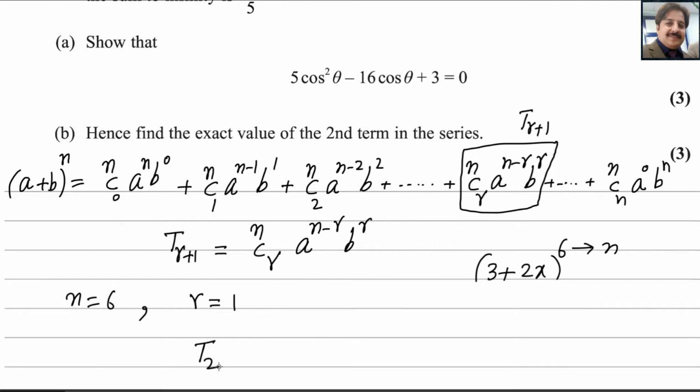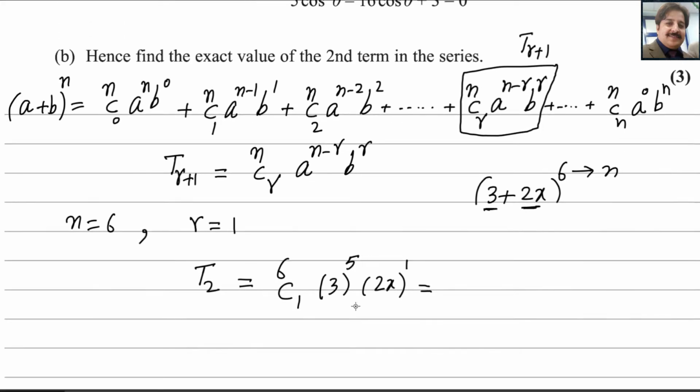Therefore the second term will be 6C1, and a is 3 and b is 2x, with the power of a being n minus r, so 6 minus 1, which is 5, and the power of 2x being 1. Use a calculator to find the coefficient of x. So the second term is 2916x.